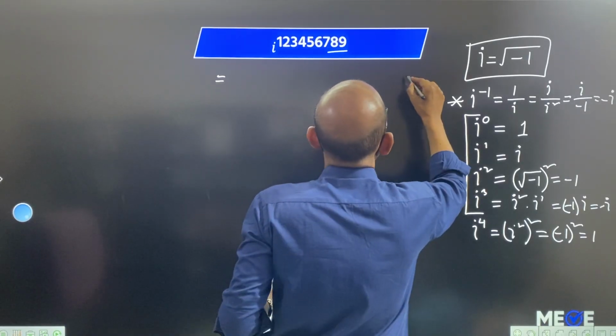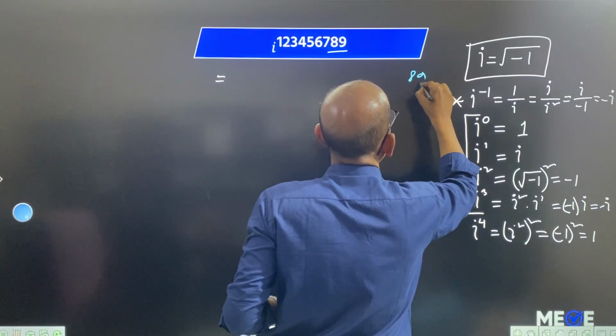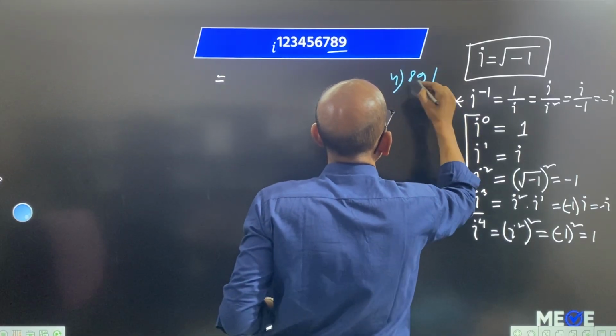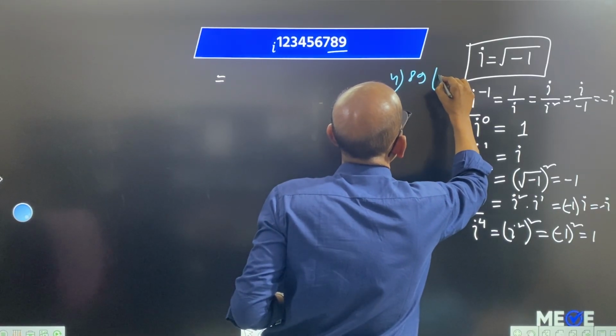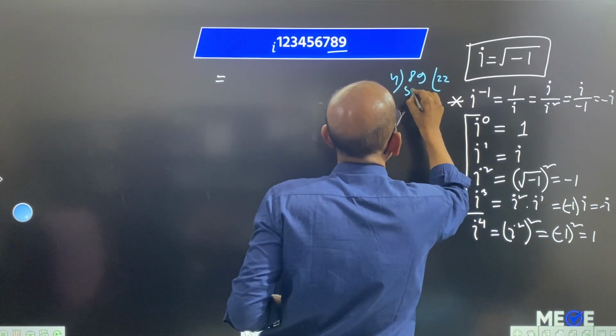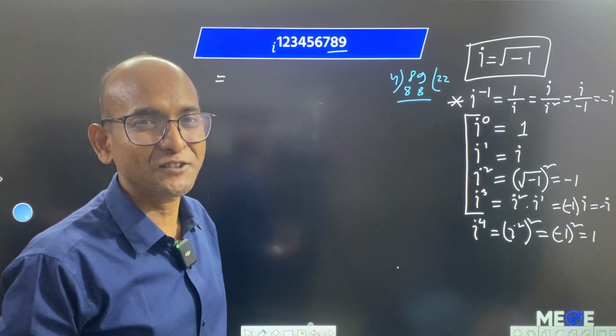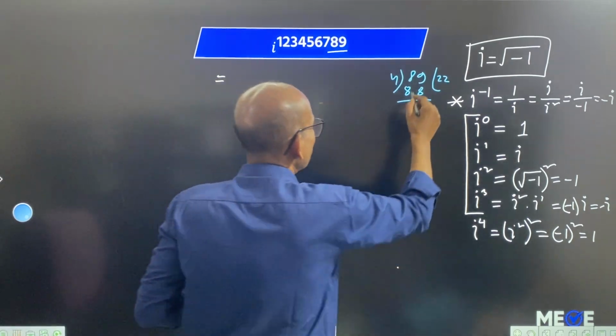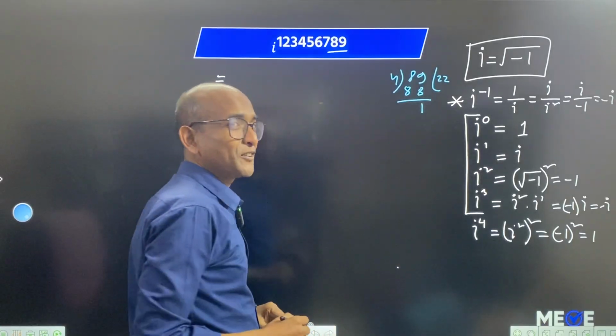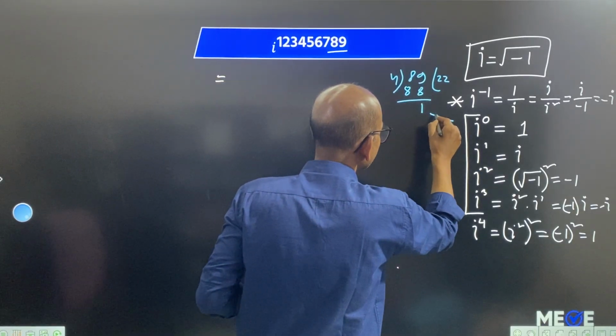So we have 89, and divided by 4 we receive 22. 22 multiplied by 4 is 88, the nearest smaller number to 89. So we are getting 1 as a remainder. This is called the remainder.